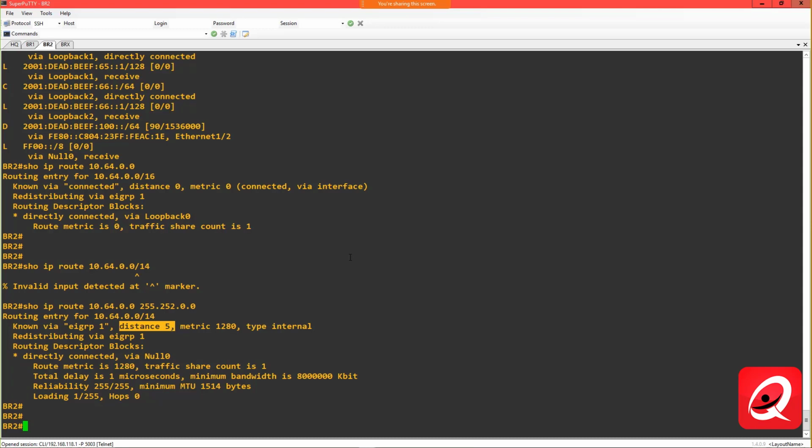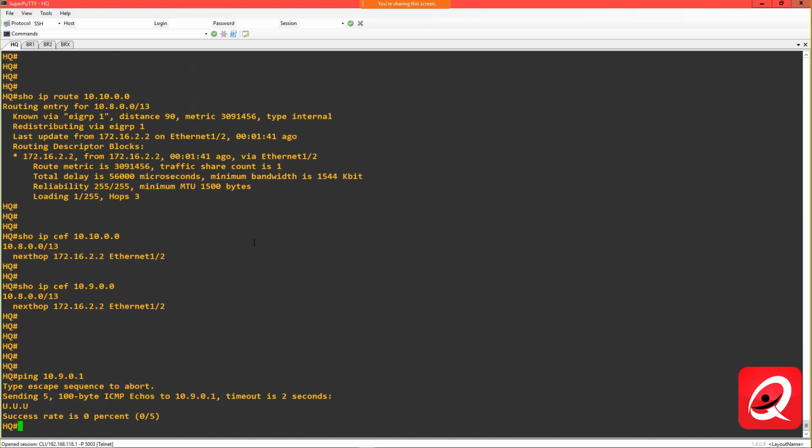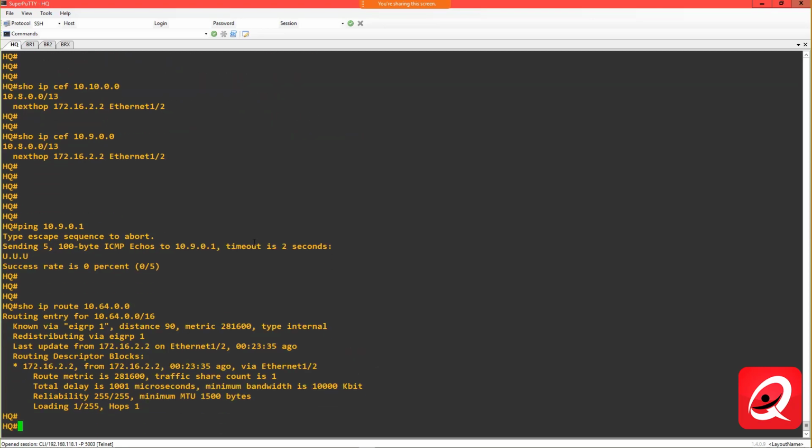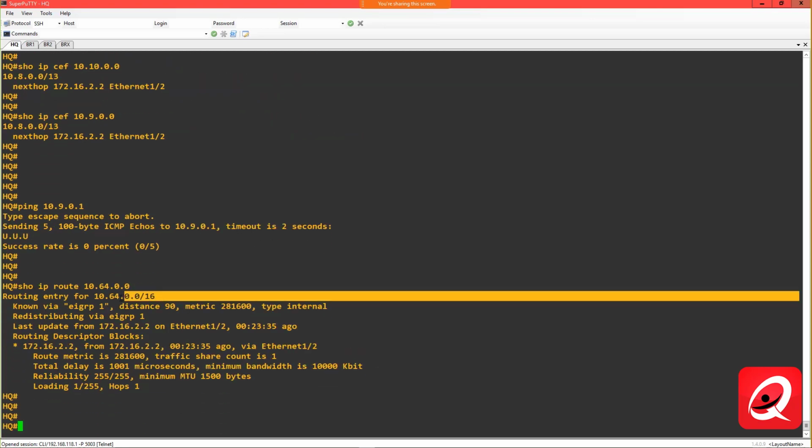All right. So if I did a show IP route in this case on HQ, show IP route for 10.64.0.0, we could see that it's matching. That's interesting.